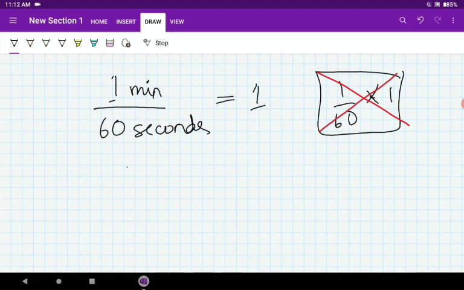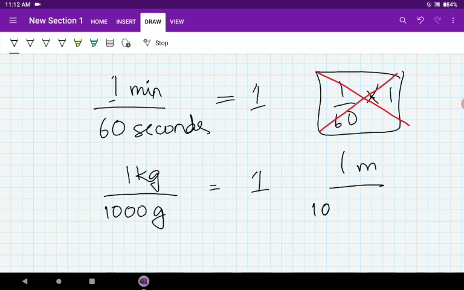Similarly, 1 kg and 1000 gram, these are also the same amount of weight. 1 meter and 100 centimeter, this is also the same amount of length.